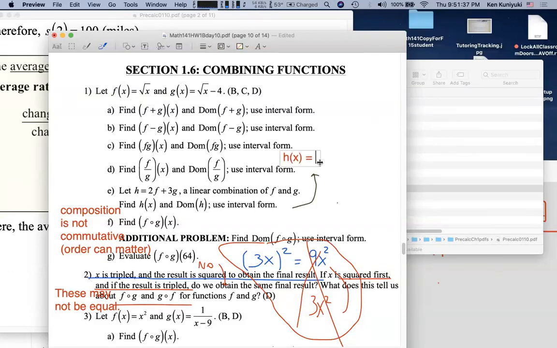H of x equals 2 times the square root of x plus 3 times the quantity, the square root of x minus 4. And you can simplify that. But it's basically 2 times f of x plus 3 times g of x. The domain, well, the only restriction is that x has to be non-negative. So the domain for both should be this.